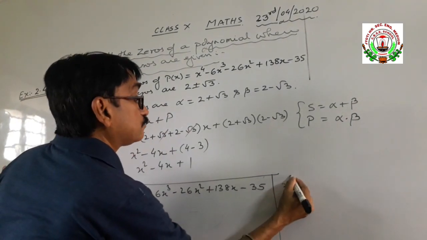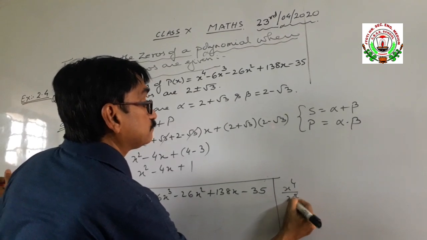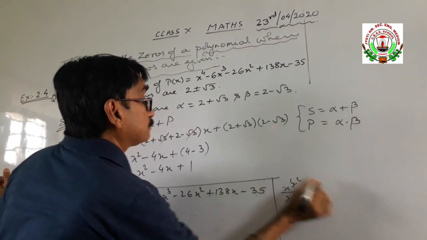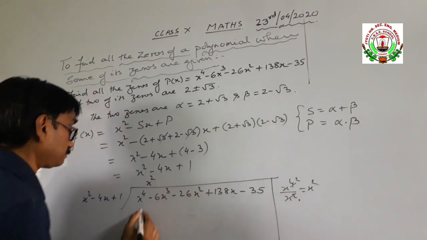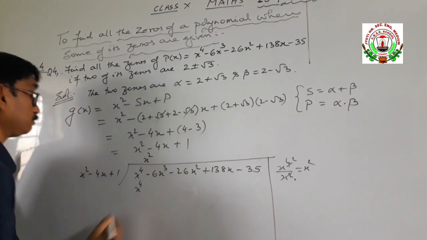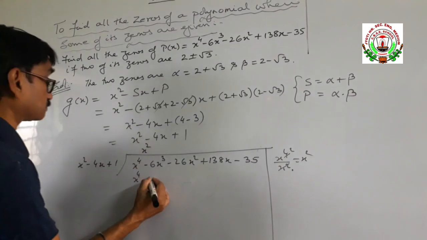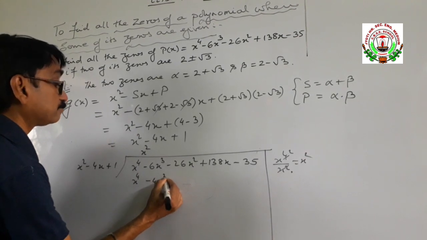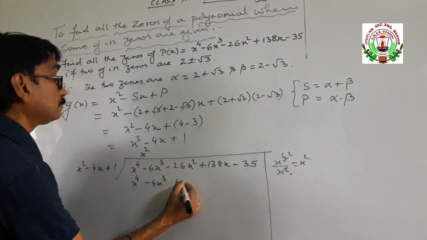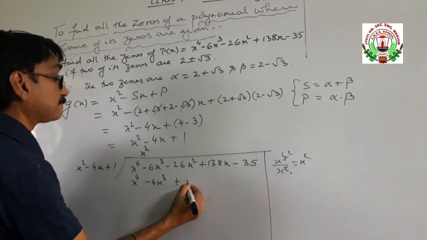So x to the power 4 upon x square, we get x square. So x square into the divisor gives x to the power 4 minus 4x cube plus x square.